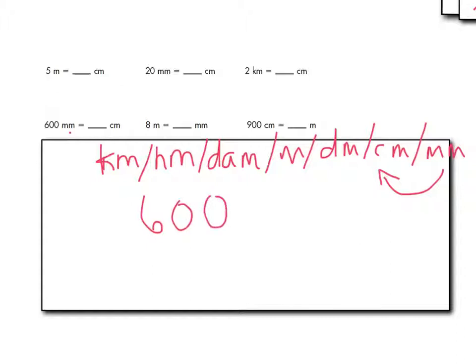So 600. 1 jump to the left, my decimal is here, 1 jump here, that's my new decimal, that one I get rid of. That means it's just 60 or 60 decimal 0, but you don't need that. 60 centimeters. And again, my units are getting bigger, so my number should get smaller, and it did.